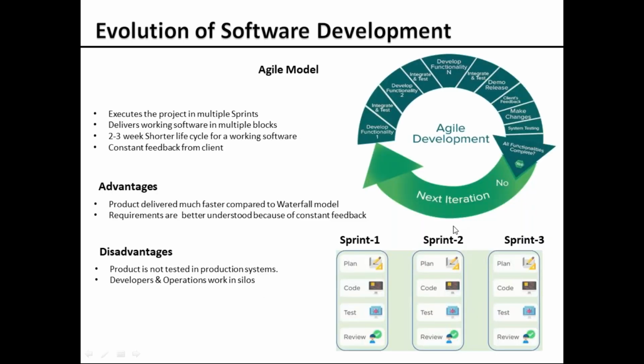Whereas in this agile model, we are not going to wait until the complete product is finished. What is actually done in the agile model is we take the requirements from the client, and it's not that we need the complete requirements at one time. If the client needs one small requirement, he just gives that one requirement. We don't need to wait until the complete product requirements have been finalized.